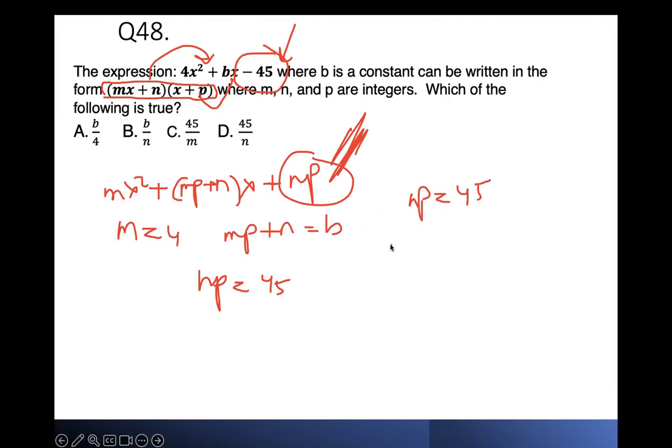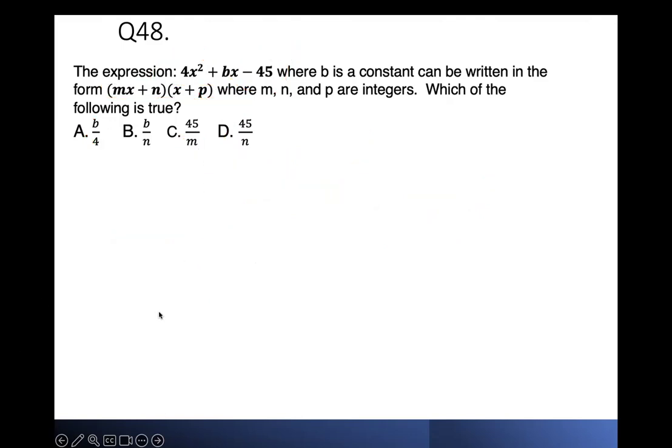They can change it to whatever, and this is what you have here. 45 over n is still part of the NP, right? 45 divided by n, 45 divided by p is going to give you integers. M is not part of the 45. And the plus and minus always screw things up, so they are not integers. That's why B is way out here. It has no interaction. B is formed by a multiplier and a division. It's not going to help you. And therefore, D is your right answer.